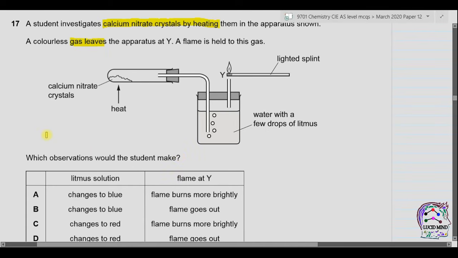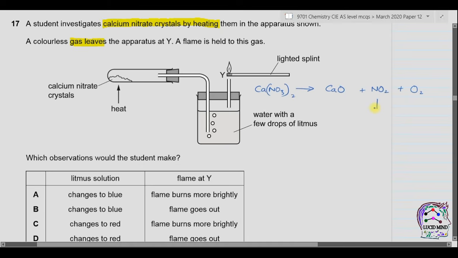So first of all, we will see how the thermal decomposition of calcium nitrate goes. Calcium nitrate is decomposed when heated to produce calcium oxide, nitrogen dioxide, and oxygen gas.